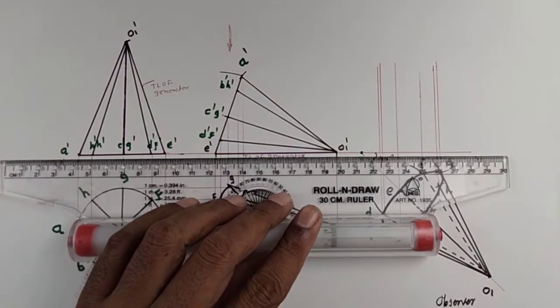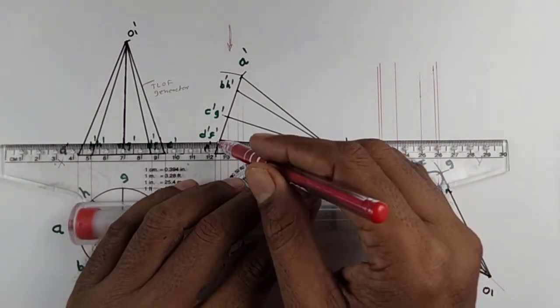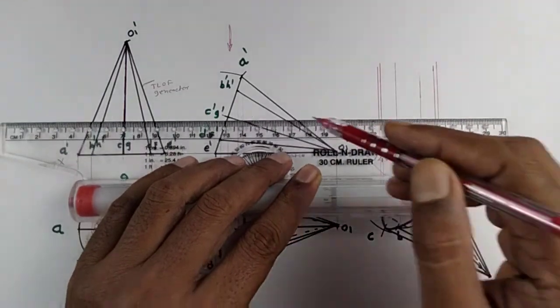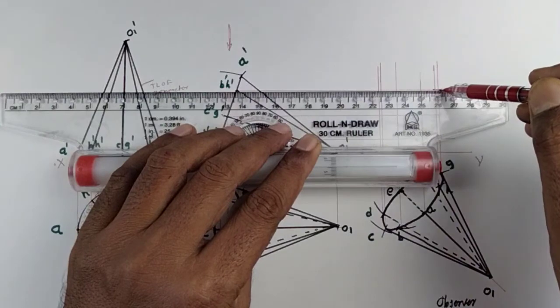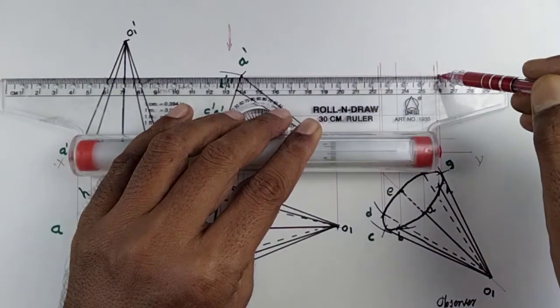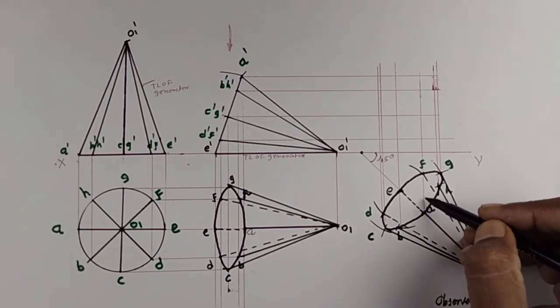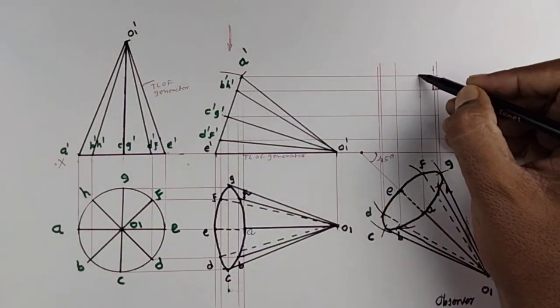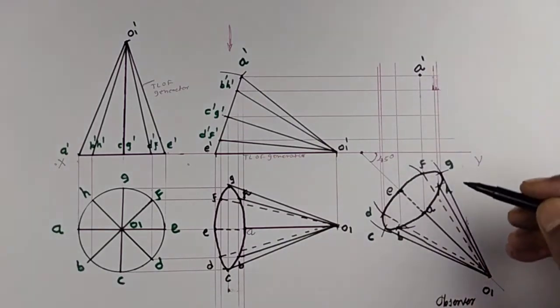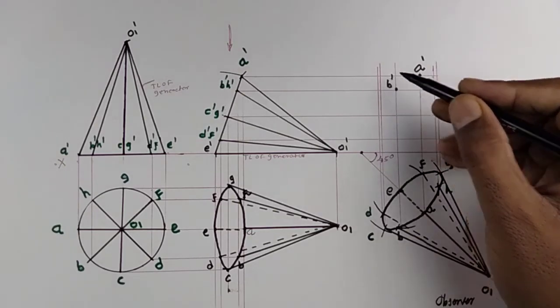Now you can draw the horizontal projection from previous elevation, and mark the intersection points sequentially. This is the locus of A. Where is the A dash? A dash, it is here. So it is our A dash, then B dash.